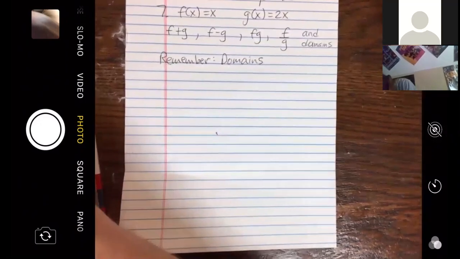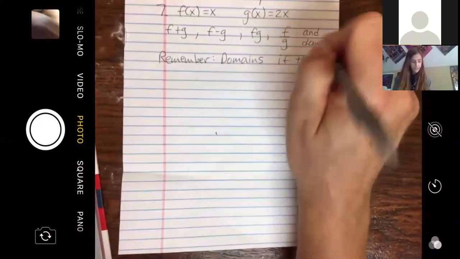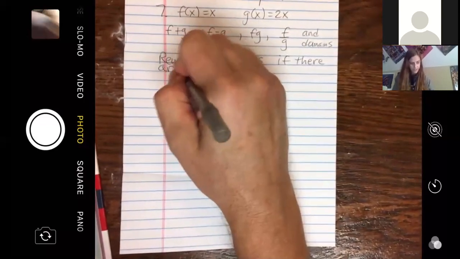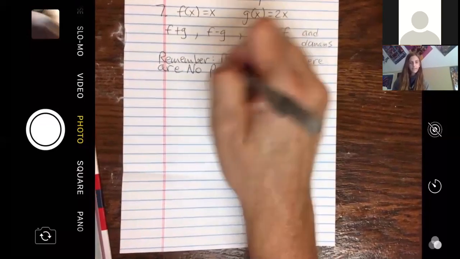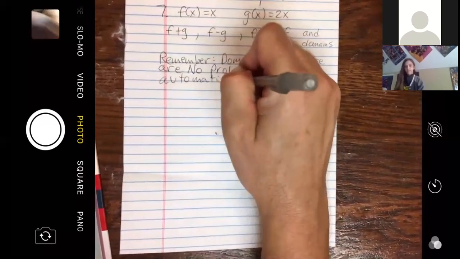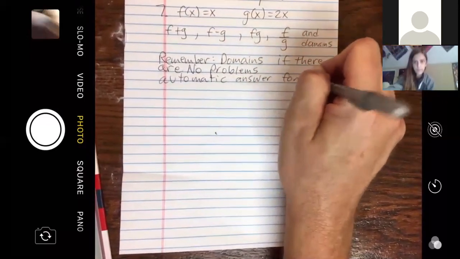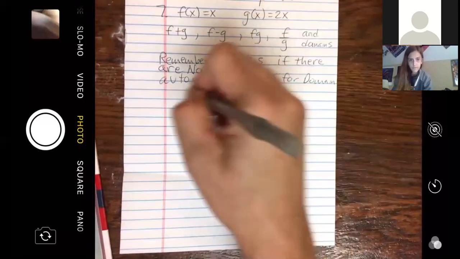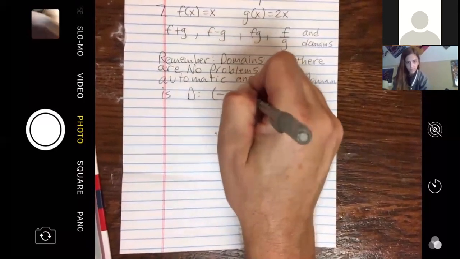For domain, it is domain negative infinity to infinity.